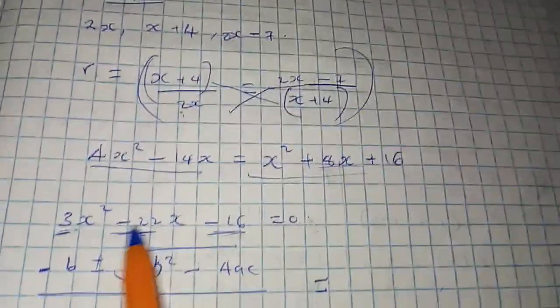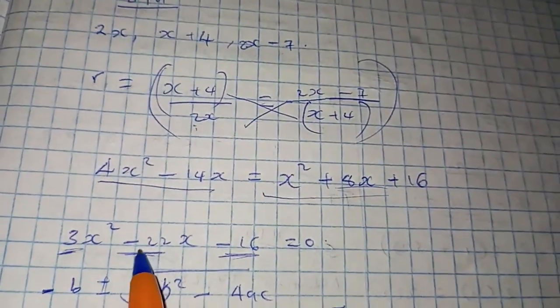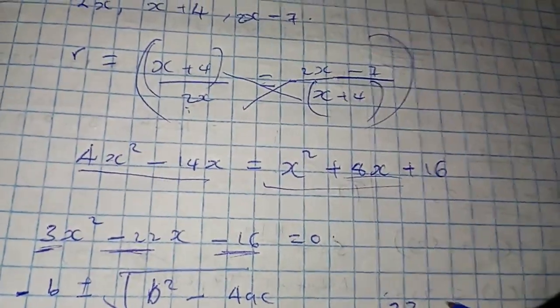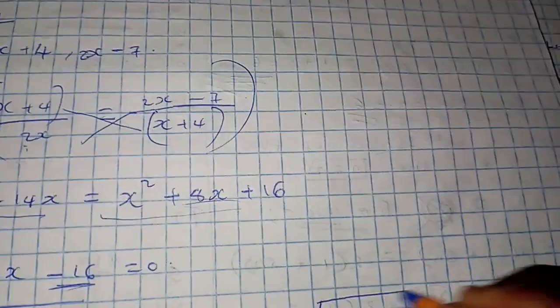So if we compute this, we shall be having minus b. If you negate minus b, it will be minus of minus 22, that is 22 positive, plus or minus the square root of b squared.